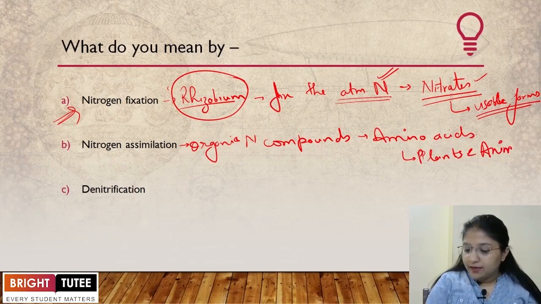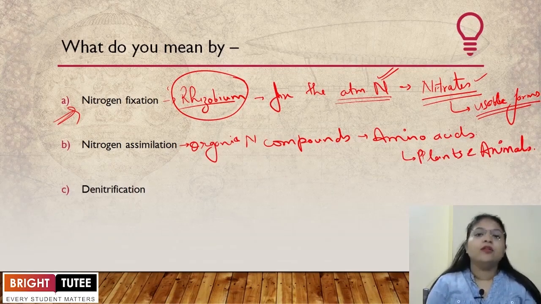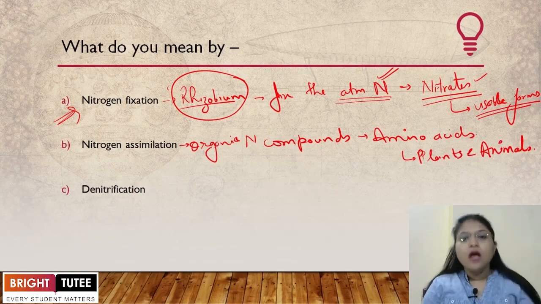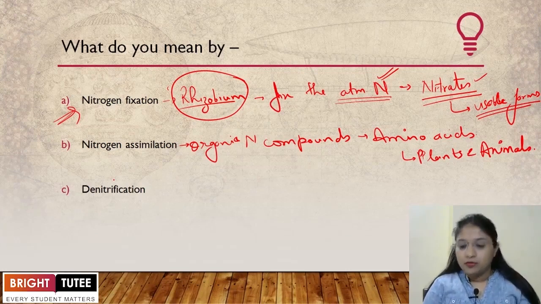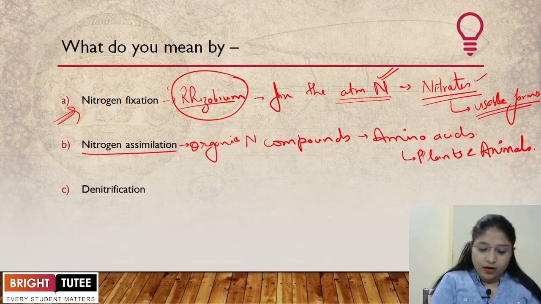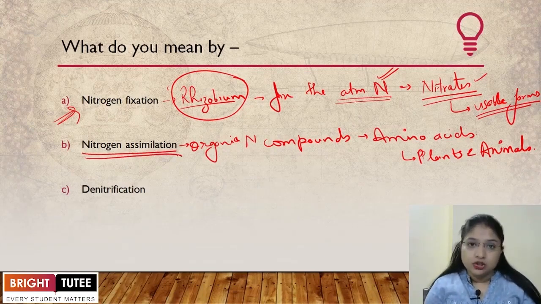These amino acids are utilized for various functions, whether it is for growth, whether it is for repair of the tissue, and so on. This whole process where the organic compound of nitrogen is utilized by the plants and animals is what we call nitrogen assimilation.